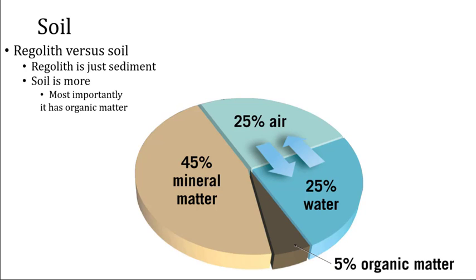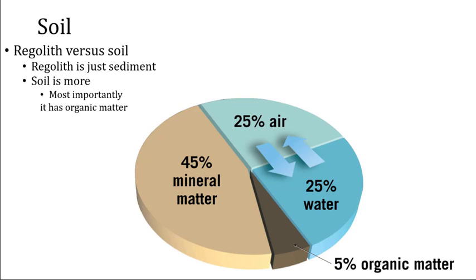Actually, 5% is a worthless number. Pretend it's not there. Pretend that brown part of the graph is very, very changeable. It could go anywhere from 90 to 100% of the not air, not water component. In that case, it's called peat, or it could be zero. But then there's some mineral matter, ground up rock, etc.